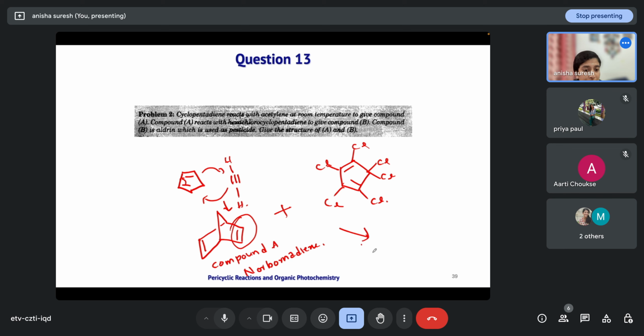The final product will be like this: Cl, Cl, Cl, Cl, 2Cl, and the double bond will be here. Fine.